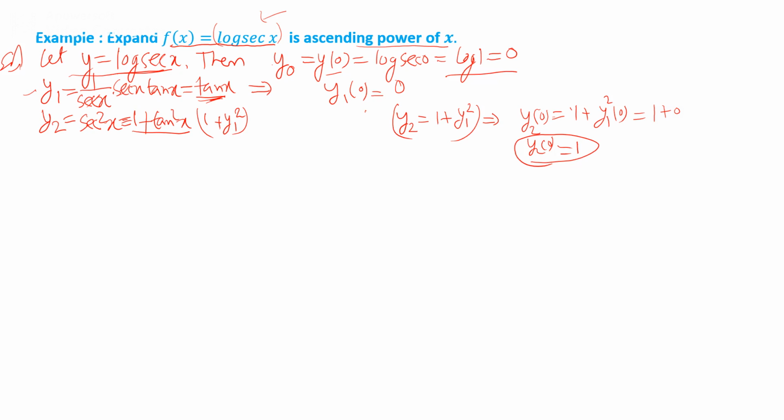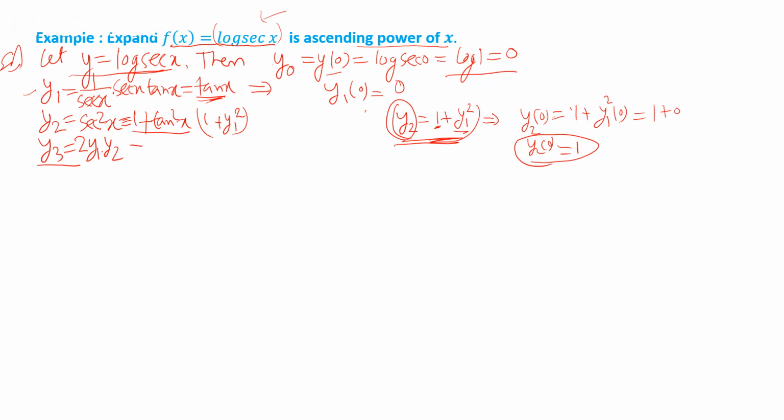And in the similar way you can easily find y3. Now take y3: differentiate that equation. What we get is y2 becomes y3, the derivative of 1 becomes 0, plus the derivative of y1 square, which we write as 2y1 into y2.